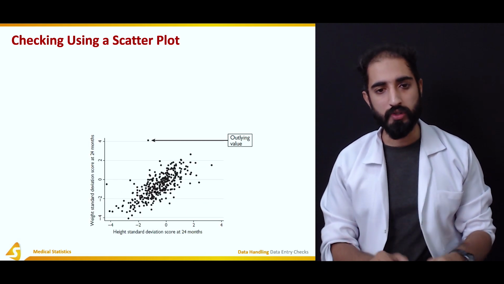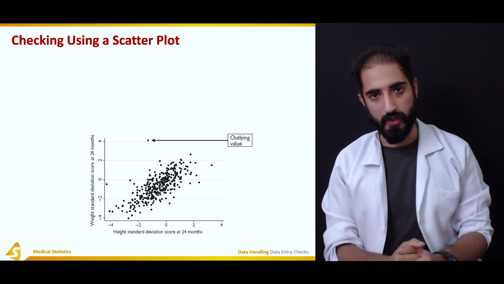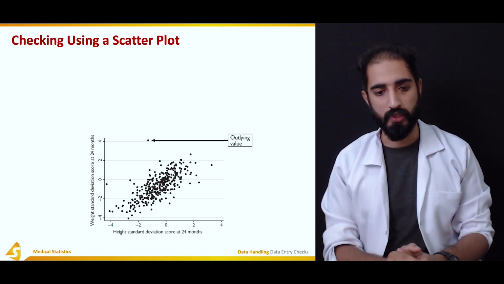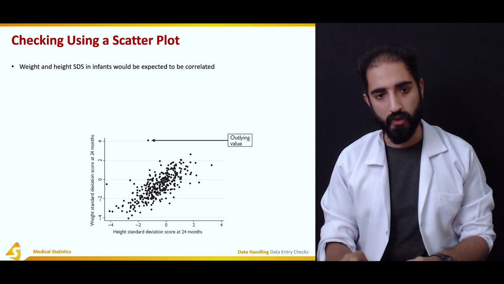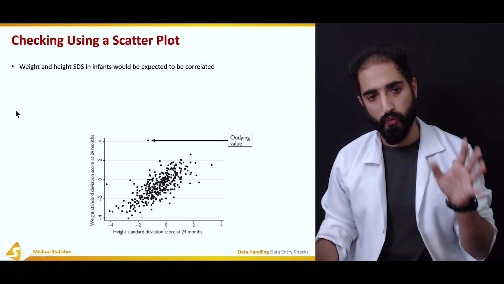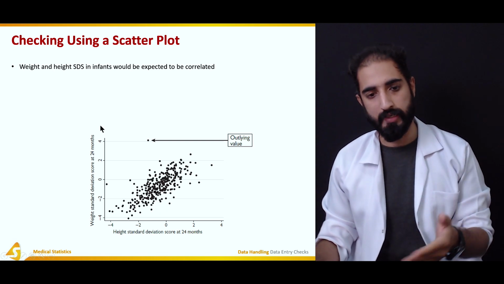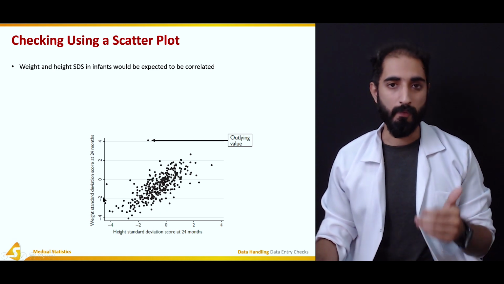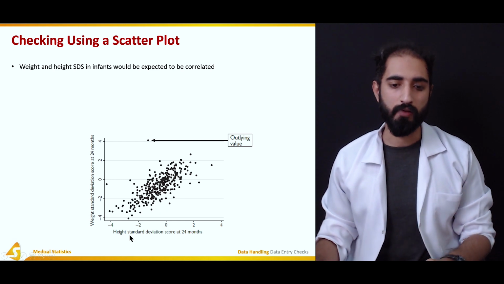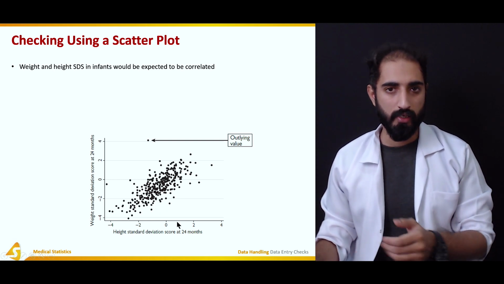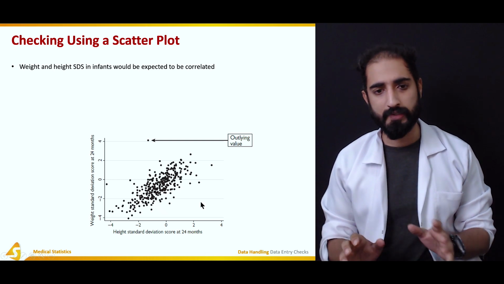Now, we can also use a scatter plot, as we already mentioned in the previous slides, for checking data. Here we have a scatter plot with weight and height standard deviation score. Weight is on the y-axis, and height standard deviation is on the x-axis.